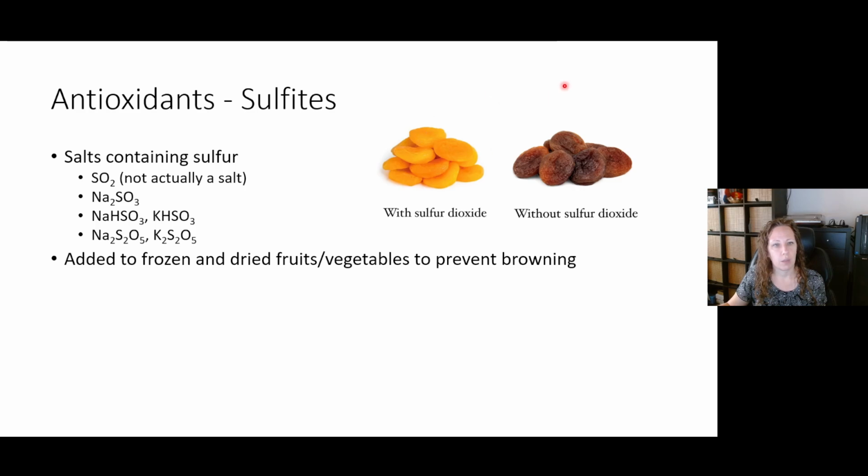So this is dried apricots, and so with sulfur dioxide, this is what we typically expect to see with your dried apricots, and without sulfur dioxide, they look like this. So just think about this. When you see white raisins, or the lighter colored raisins, what do you think they've done? Well, it's probably just this, right?